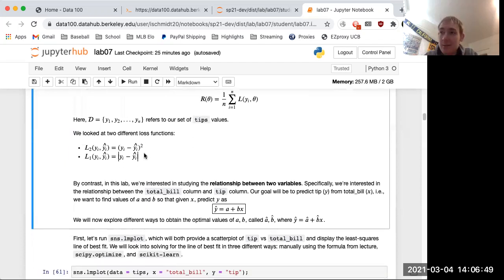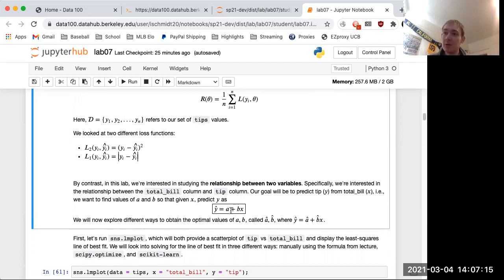In this case, we're going to have two parameters. One corresponding to the intercept of our linear regression model, and another corresponding to the slope of the x value. In lab 6, we did not incorporate any x values whatsoever. We were just saying, given the tips, what's the one singular value that best sums up all the different tips?